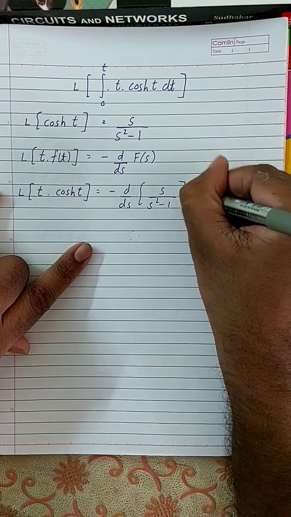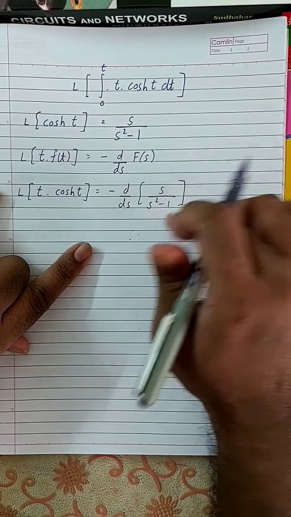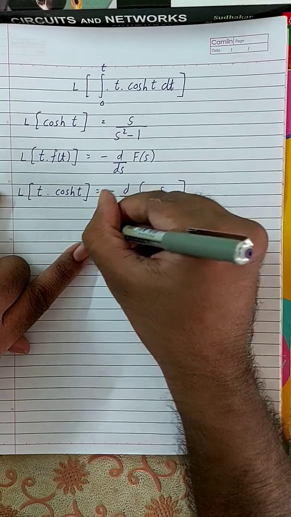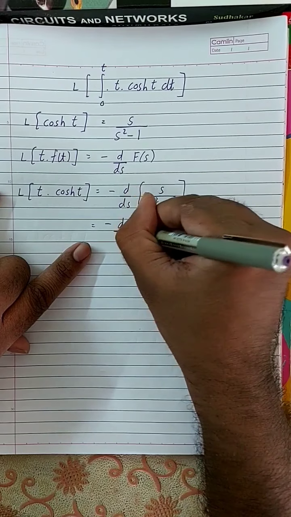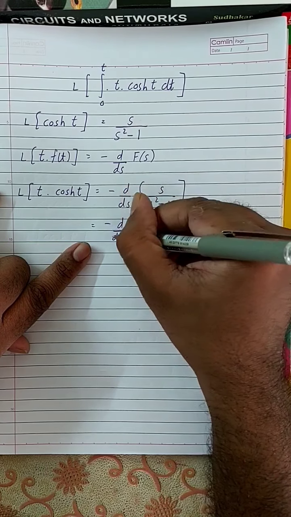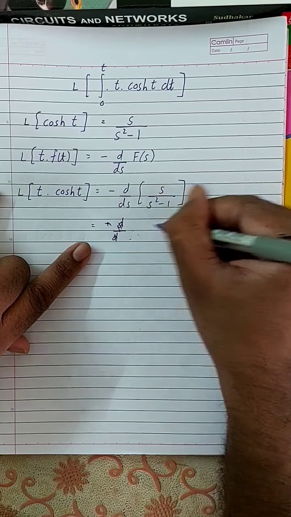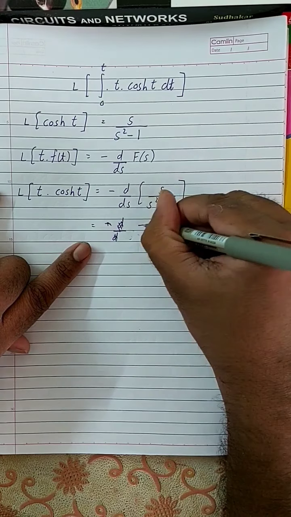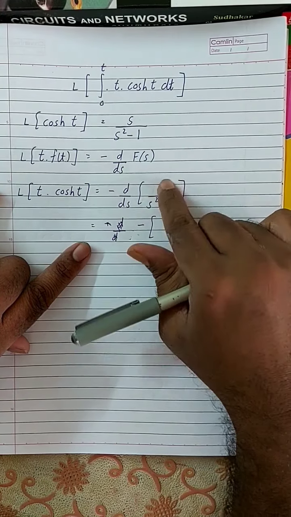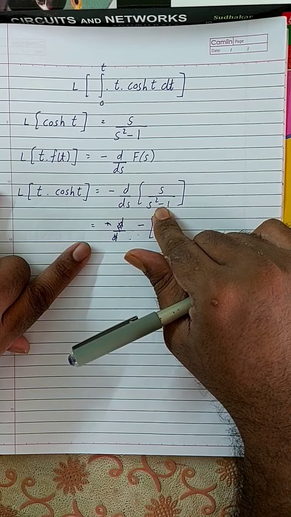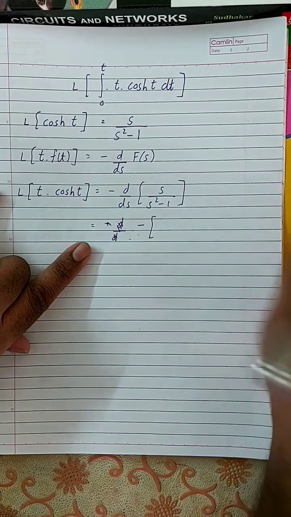Okay, so this is where the complication comes. Now we need to differentiate this. So this is equal to minus d by ds, let me substitute that over here. What is this equal to? This is u by v, so the formula is v into du minus u into dv by v square.